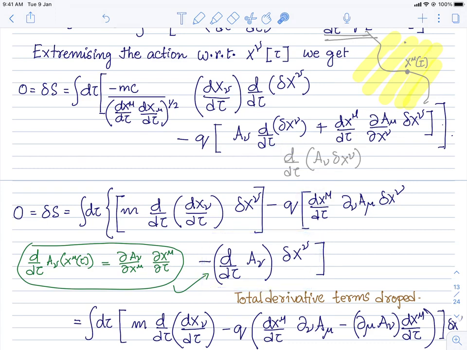So I have dropped this total derivative term from the fact that the variation vanishes at the endpoints. From that fact, I have ignored this term, and the rest of the terms I have kept.